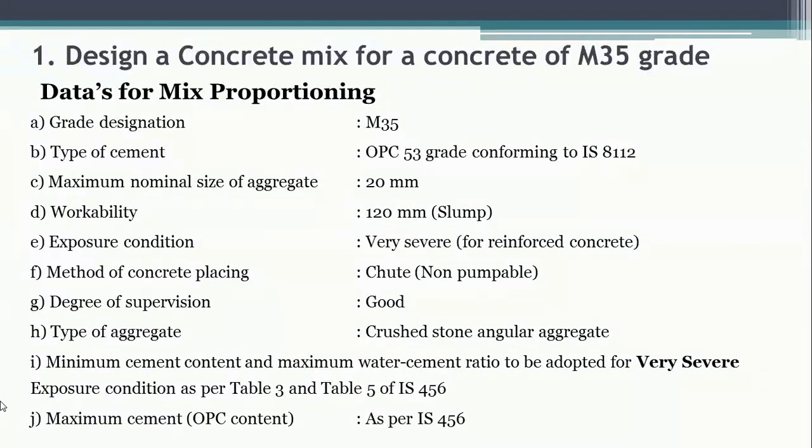If they don't mention IS 456 in the note, then you will get only IS 10262. In that case, whatever the values for the exposure conditions, that is minimum cement content and maximum water cement ratio, please remember them from the code book, or they will be given in the question only. Okay.